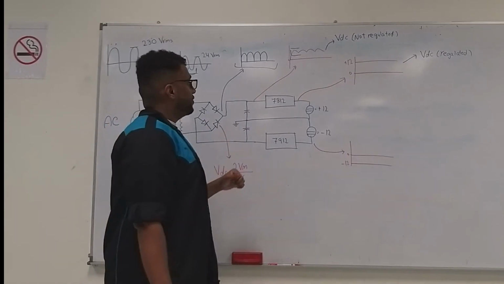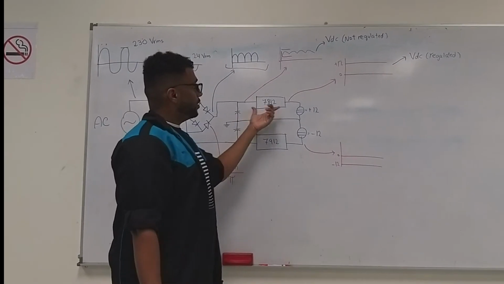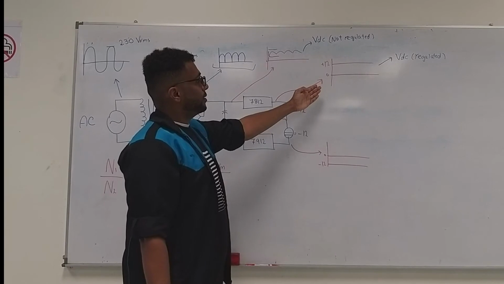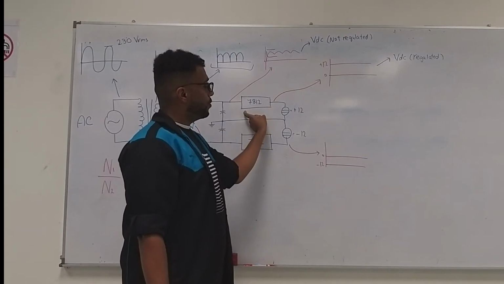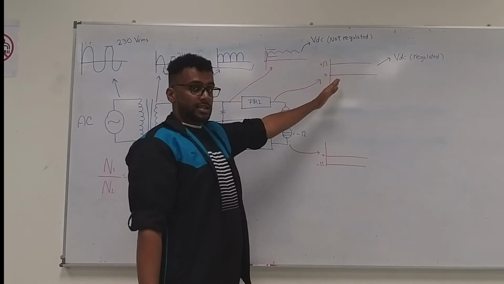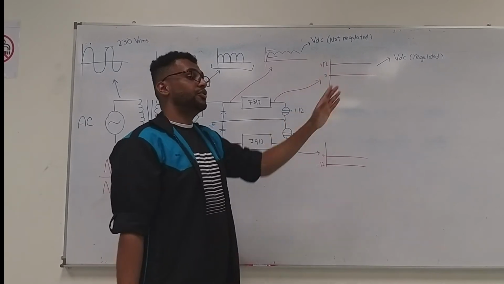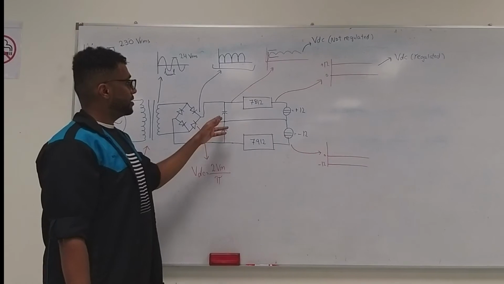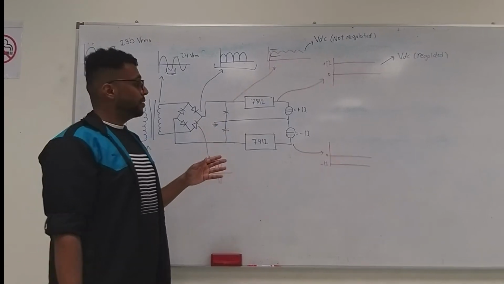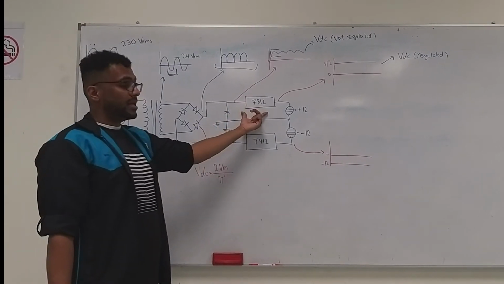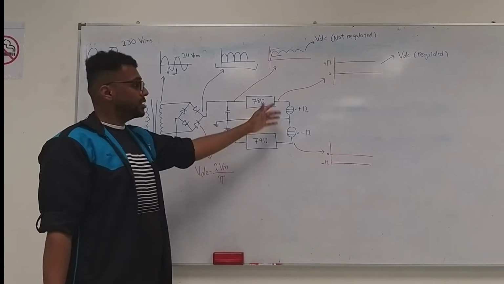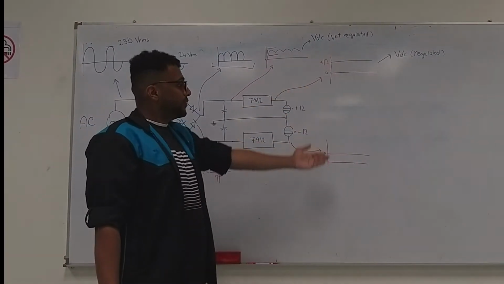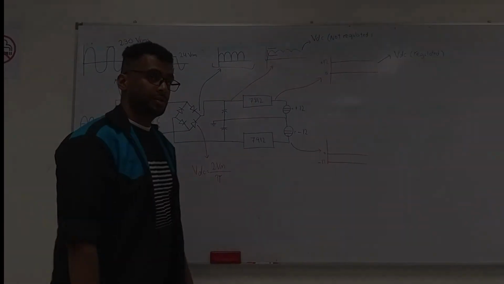After we connected the capacitor with the voltage regulator, we get the output VDC, and it's fixed and regulated. Previously, it was not regulated because of the effect of the capacitor. But once we put the IC for the voltage regulator, it has been regulated and provided both positive and negative fixed dual value.